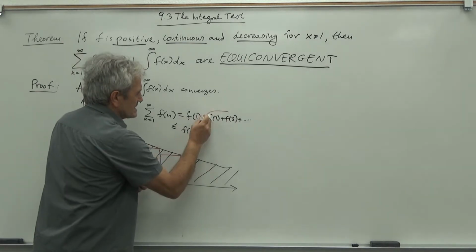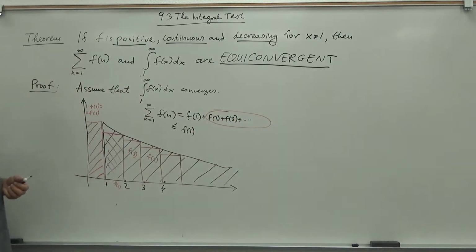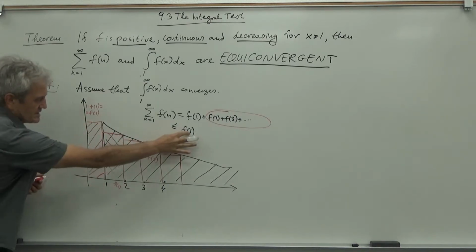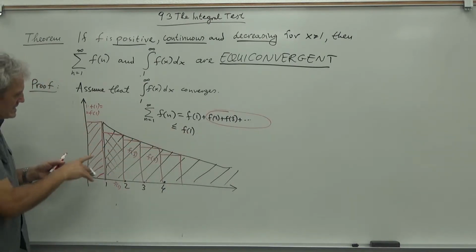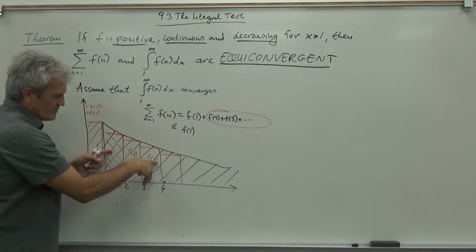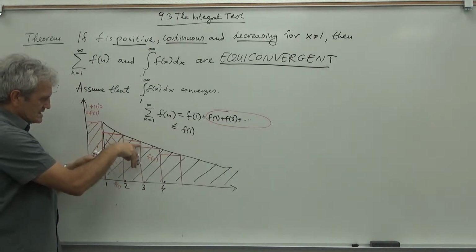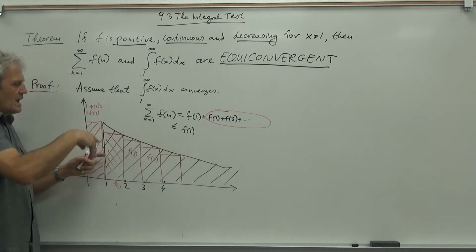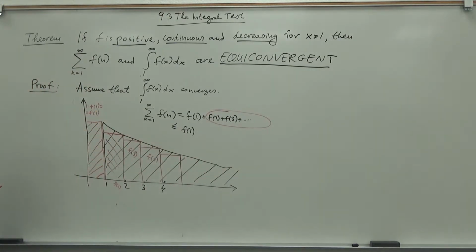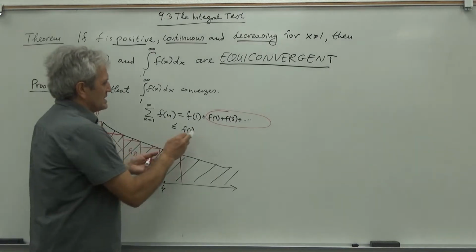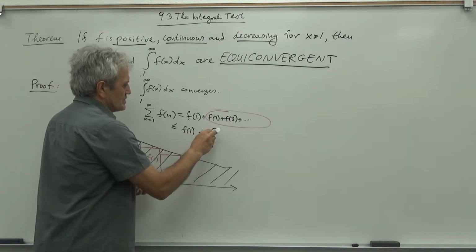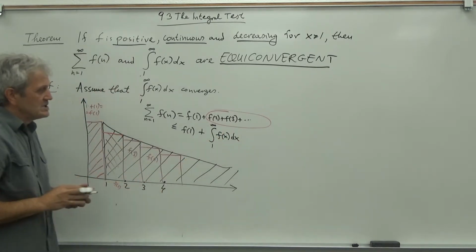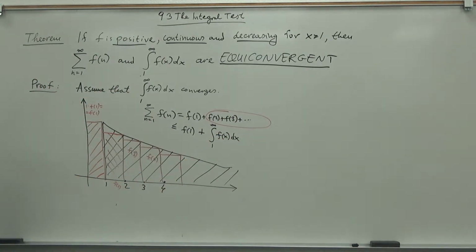Look at all these areas together, f of 2 plus f of 3 and so on. f of 1 is here, so that's already taken into account. Look at these f of 2, f of 3, f of 4, f of 5. If you compare these rectangles with my area under the integral, obviously that sum is less than or equal to the integral between 1 and infinity of f of x dx. And here is where it's crucial that the function is decreasing.